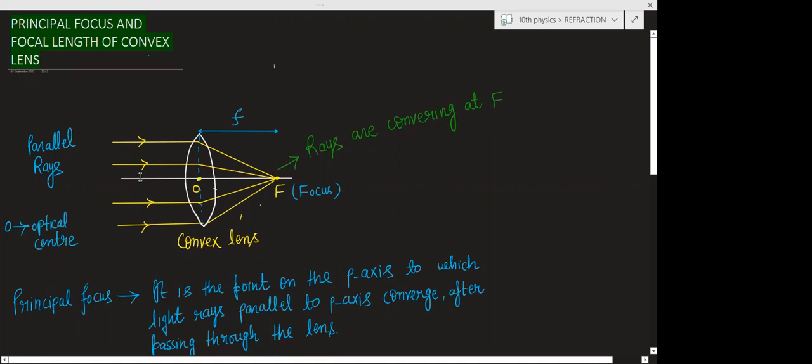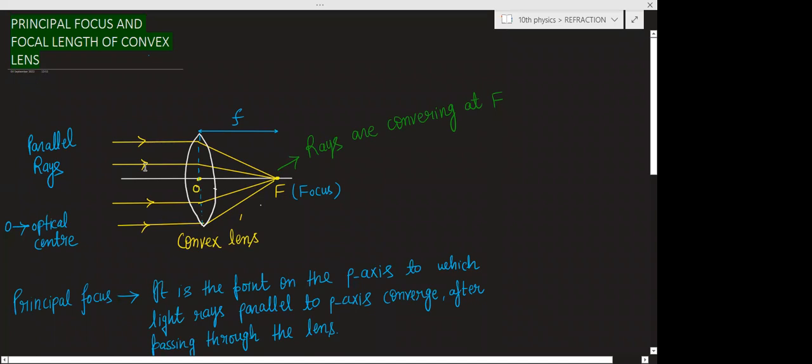So these rays are parallel, and after the refraction, these rays are meeting at this point, and this point is called focus. And that is why this convex lens is known as the converging lens, because it converges all the parallel rays coming from infinity.